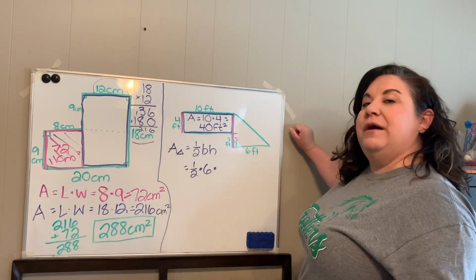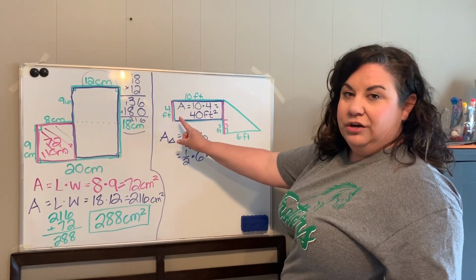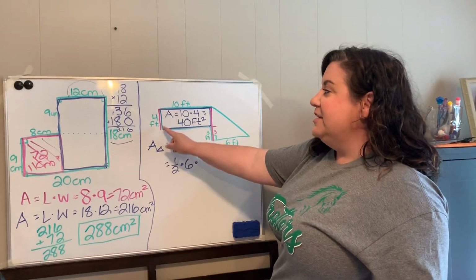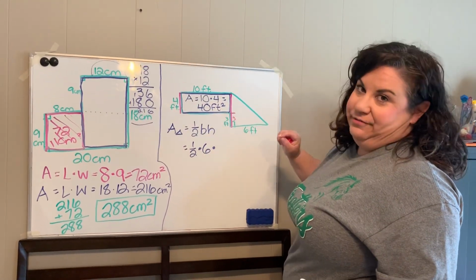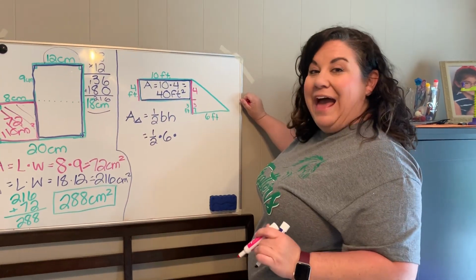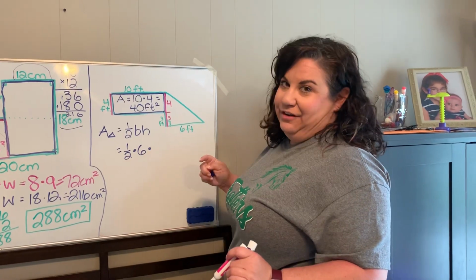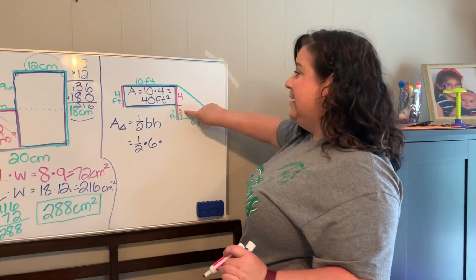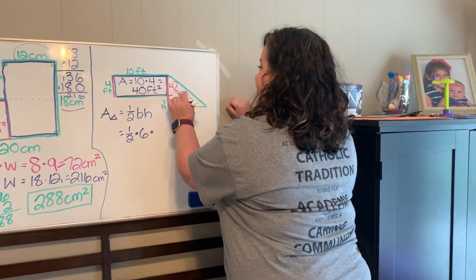And what do I know about a rectangle? That both of these opposite sides are congruent. So if this side of the rectangle is 4, then this side of the rectangle must also be 4. So that means that now I can figure out the height of my triangle, because 3 plus 4 is 7.